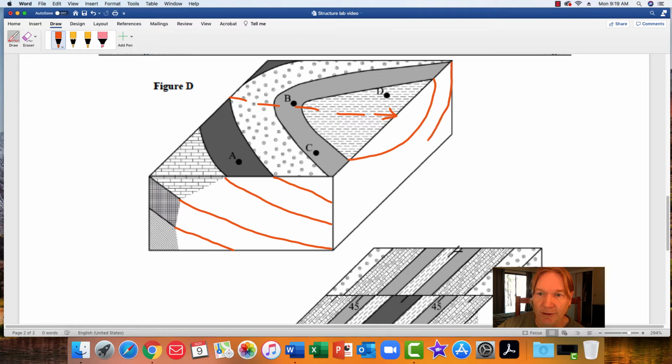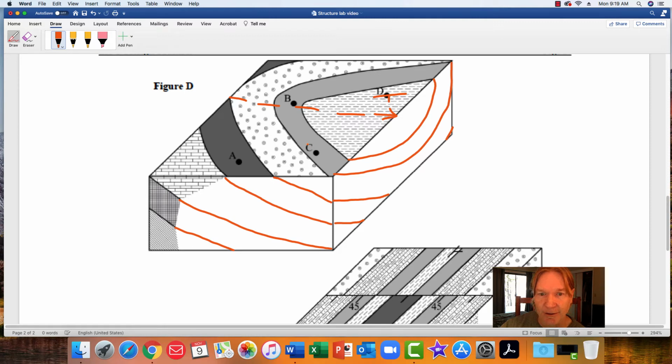Again, I don't know the exact dip angles here, so I'm just estimating. And this guy is going to be going down this way and maybe up there a little bit. This is going to be going down that way. Okay? So what would the strike and dip symbols look like on this? Well, the rocks are dipping towards the middle of the fold here. So at D, the strike is going to be right about like that.